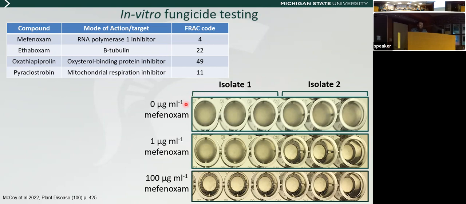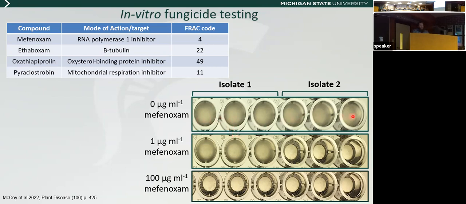In this visual example, we have 2 isolates, isolate 1 and isolate 2, and 3 different concentrations of mefenoxam: 0, so solvent only in the broth, 1 microgram per mL or 1 ppm, and then 100 ppm. You can see that isolate 1 is slightly more resistant to, or insensitive to, mefenoxam than isolate 2.